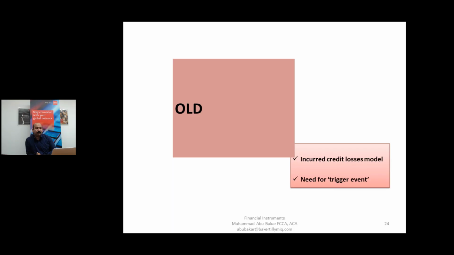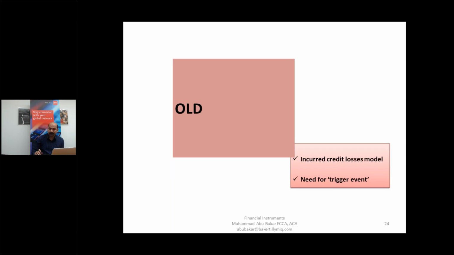Likewise, the old approach was that only when there was an indication would you carry out the impairment test, based on the incurred credit losses model, meaning there must be evidence that a loss has been incurred.